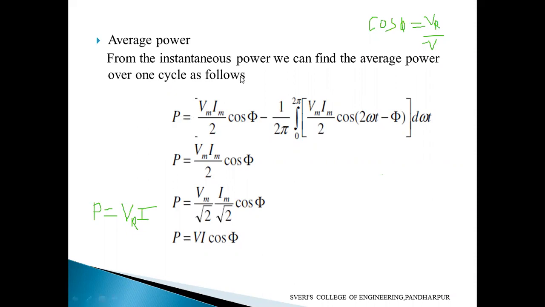Average power of the circuit is the combination of average power of resistance and average power of inductance.